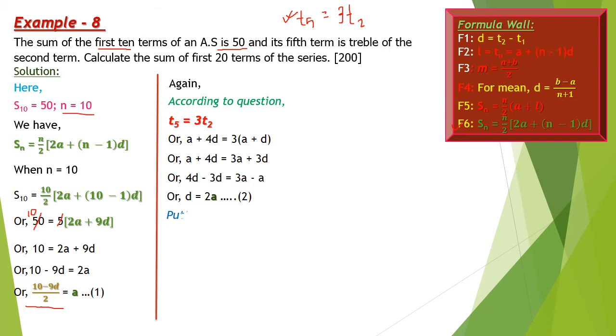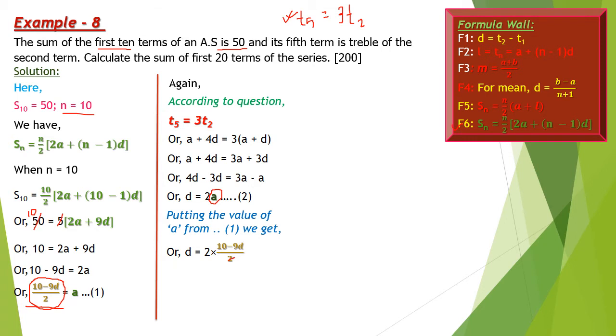See, putting the value of a from equation 1. Now this value will be used instead of this a, so d is equal to twice bracket 10 minus 90 upon 2.